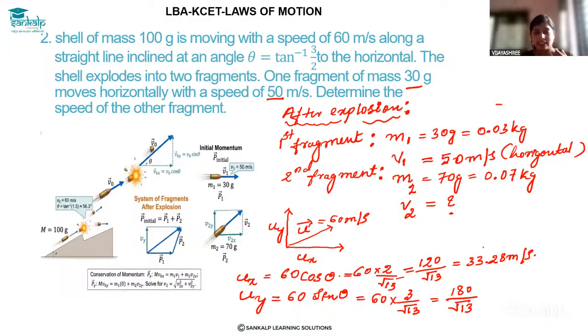Root 13 lies between 3 and 4, okay, so which is equal to 49.92 meter per second. Okay, so just take the screenshot or note this down.